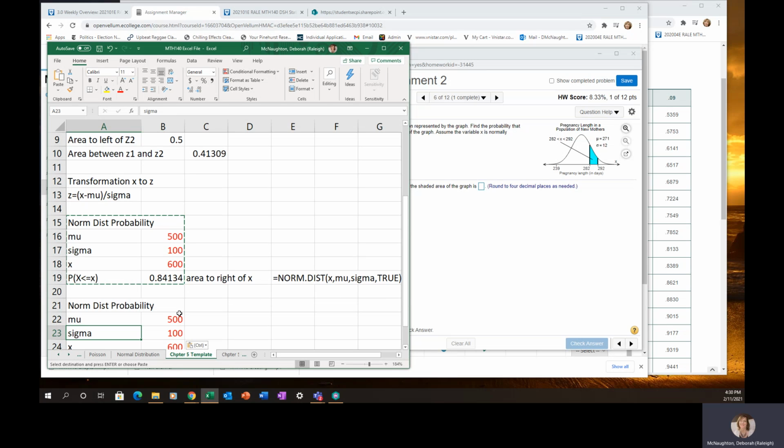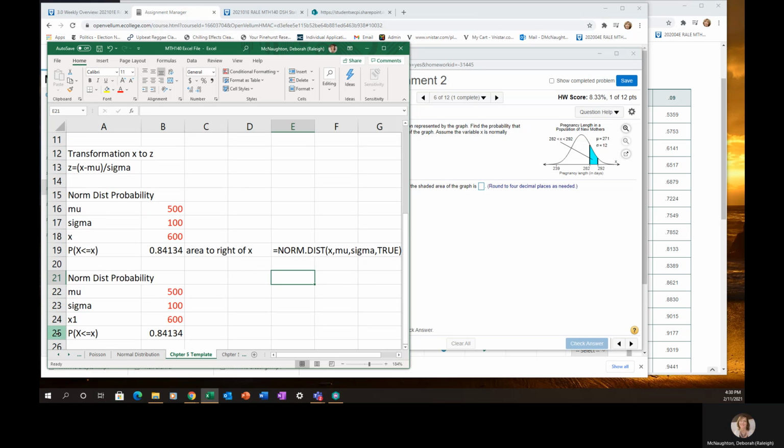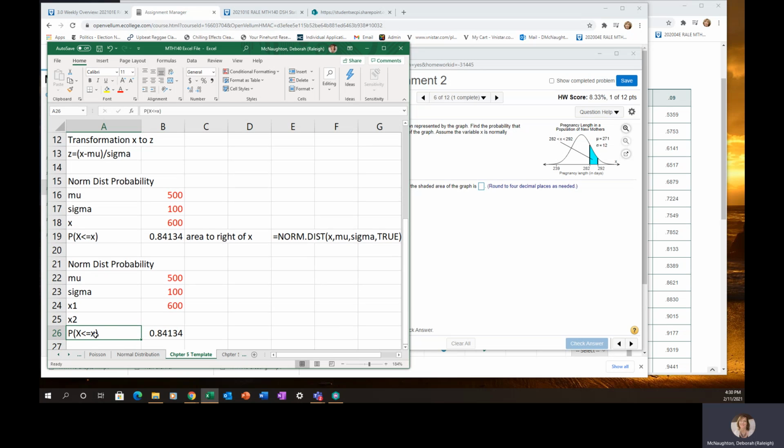Now I need my mu, my sigma, and then I'm going to make this one x1. And then I'm going to insert a row here and put in an x2. My first one will be the probability that x is less than x1. Let's make that red. Then I'm also going to calculate x is less than x2.